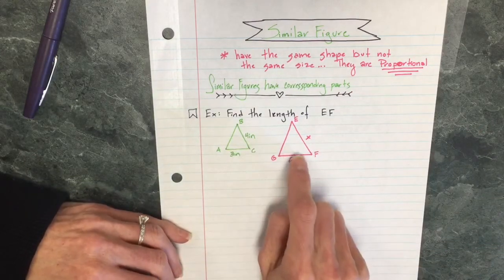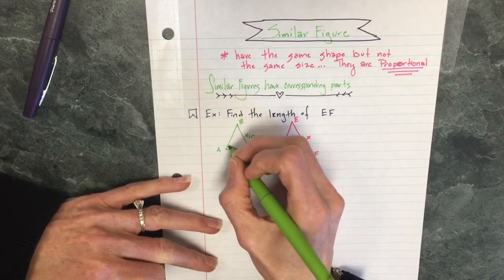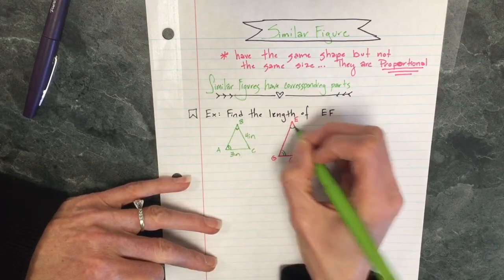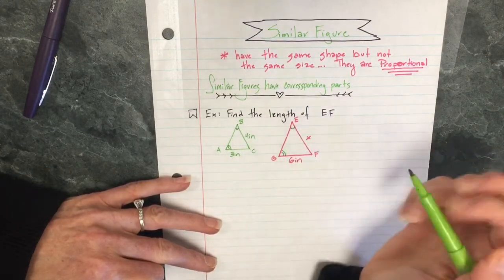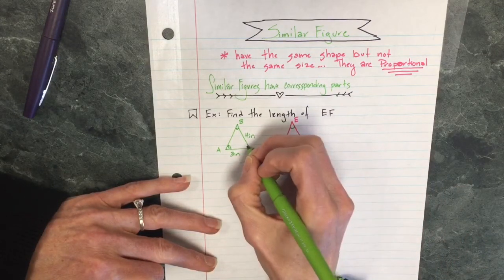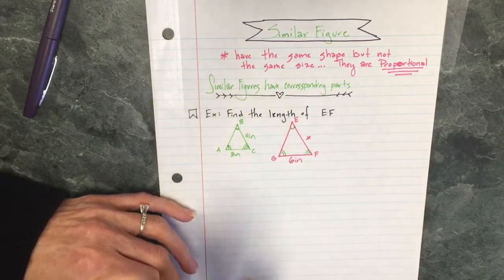This is just a bigger version of this one. They have all the same angles. See, this is congruent to this angle. That opens up the same amount. This angle is congruent to this angle, and this angle is congruent to this angle. It's just the sides are bigger here.